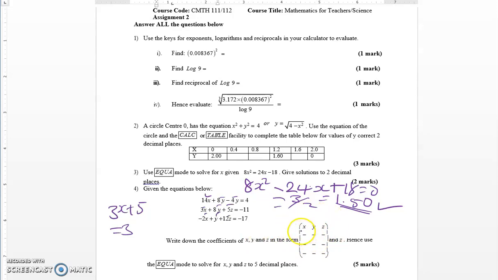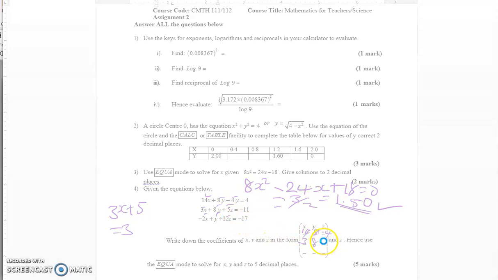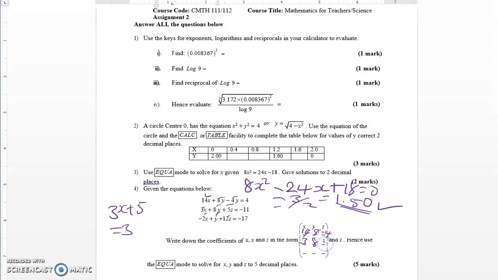So x here will be 14, simply write 14, and here will be 8, and this will be -4. Here will be 3, here we have 8, and here we have 5. Here we have -2, then we have 1, then here is 12.